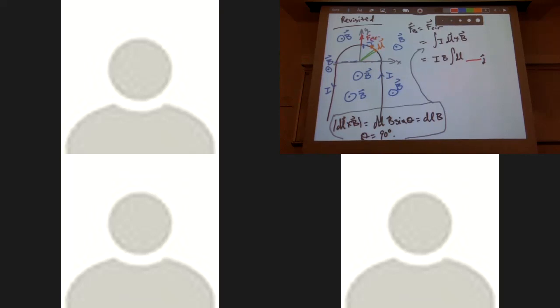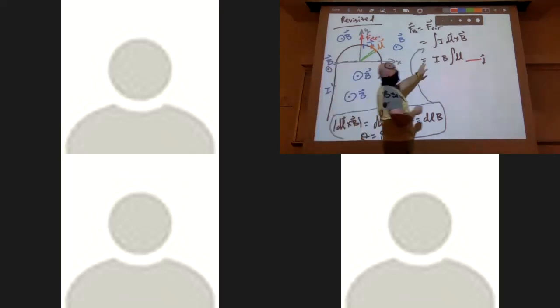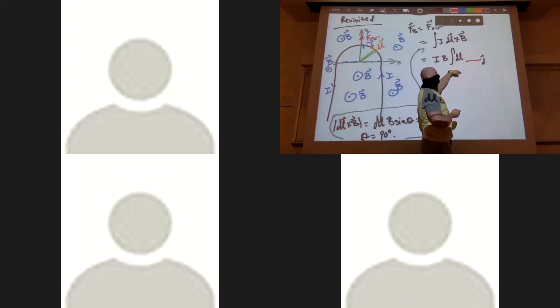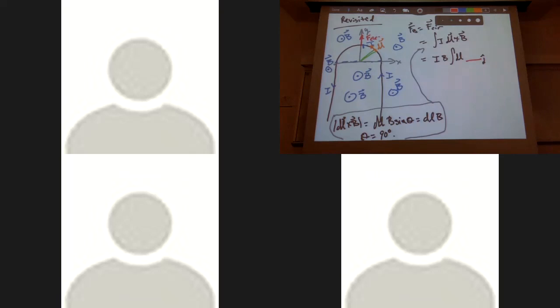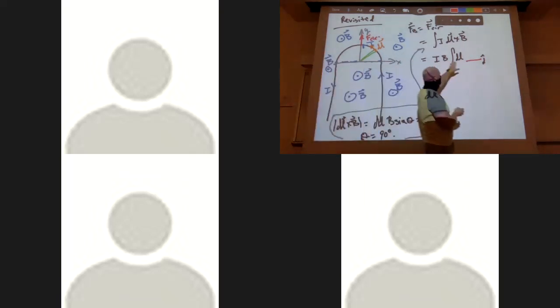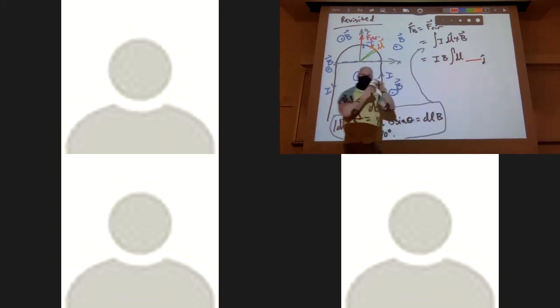So basically from here, what we simply said was that this was equal to IB times the integral of dL, but the integral of dL was simply R times the length, or in this case, what? It was pi R is what we said the length was. Now, the problem here, as I'm going to point out again, because I made this mistake, not you guys, is that we only want to take the vertical portion.